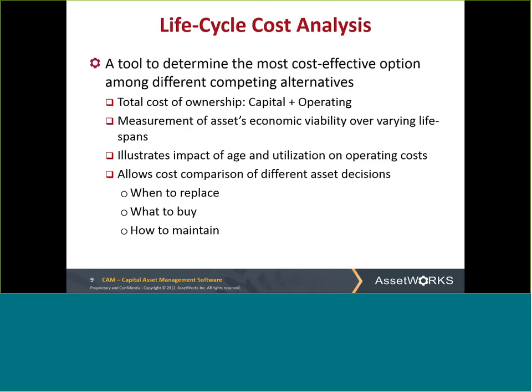And by taking these tools, there's a couple of different decisions we can make as asset managers to decide when to replace things, and then also what to buy. Which specifications have the better life cycle costs, which are going to give me the bigger return on my overall investment. And then also how to maintain and implement maintenance strategies.